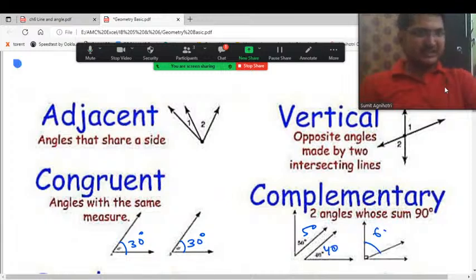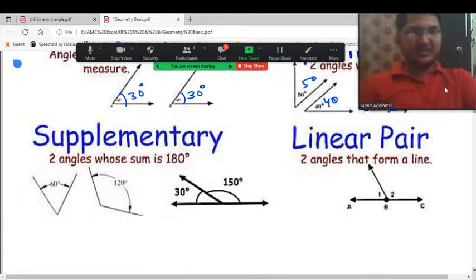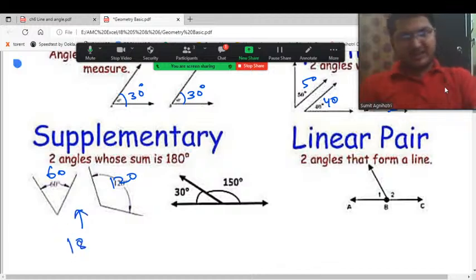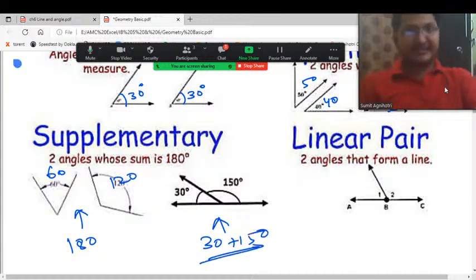Let's say this is 60, this is 30, they sum up to 90, so they are complementary. Similarly, supplementary: 60 degrees here, 120 degrees here, they sum up to give you how much? You will say 180, that means they are supplementary. Here 30 and 150 are a linear pair as well as supplementary. Linear pairs are always supplementary, but all supplementary angles are not always linear pairs, remember that.